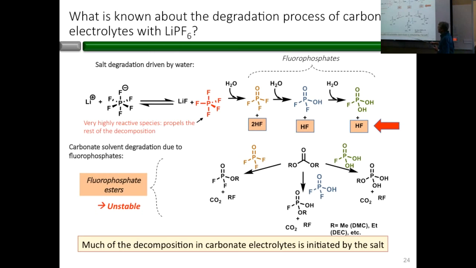So we've been looking at how to understand the decomposition pathways of these various intermediate compounds. But the key is that even though it's the electrolyte that's decomposing, like the carbonate in the carbonate mixtures, these things react with the carbonate electrolytes to produce various phosphate species and the CO2 that causes the gassing problem. RF is just the organic part that was over here, whether it's ethyl or methyl or whatever. Okay?